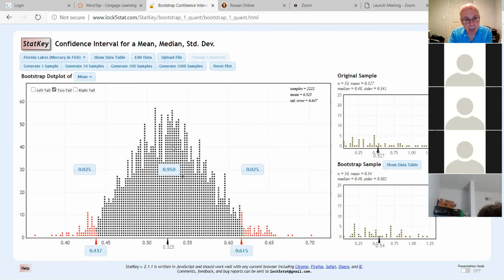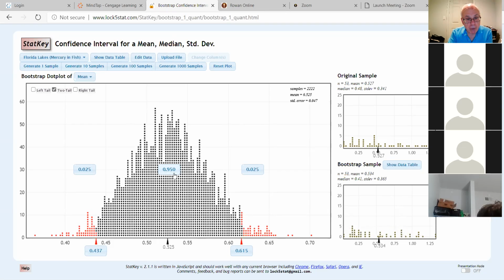All of these 2,222 samples are bootstrap samples of the original sample. And they all vary like a bell-shaped curve, just like we would hope.